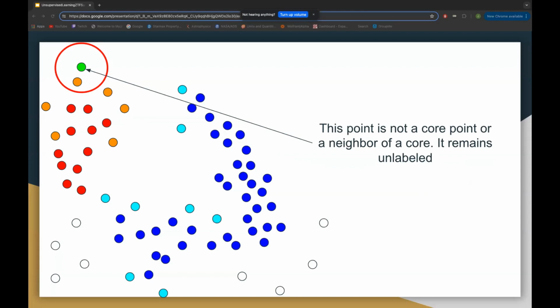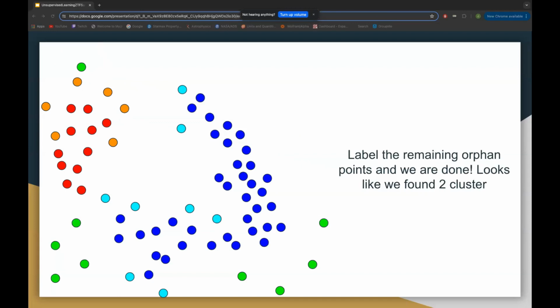So it remains unlabeled, in these outliers or orphans. Then we fill the rest in, and we have this grouping. So DBSCAN on its own decided that there's two main clusters as well as these outlying ones. Does that make sense how DBSCAN is working through here?